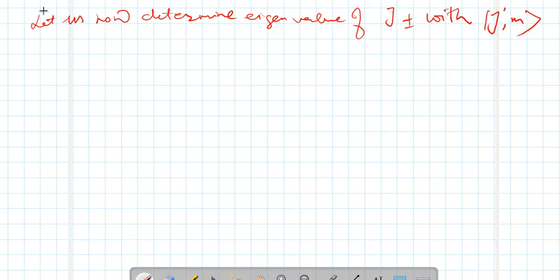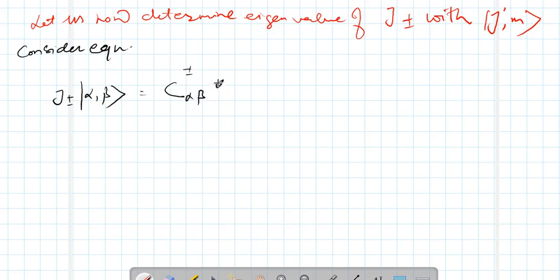So now consider the equation. This is J plus minus on alpha beta. It can be written as C plus minus alpha, beta plus minus 1, right?